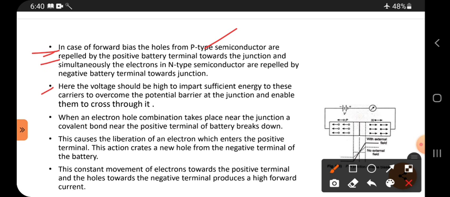Here voltage should be high to impart sufficient energy to these carriers to overcome the potential barrier at the junction and enable them to cross through it.